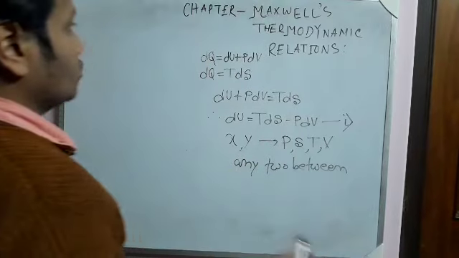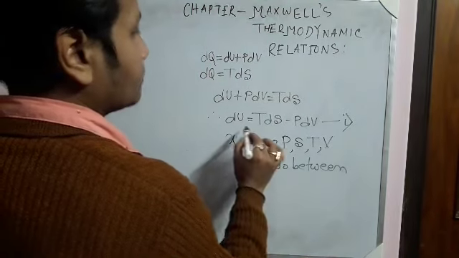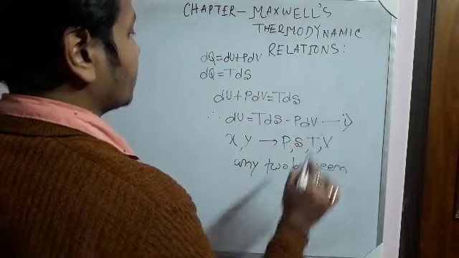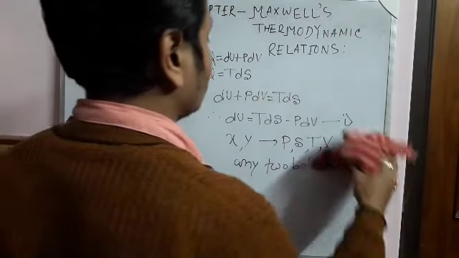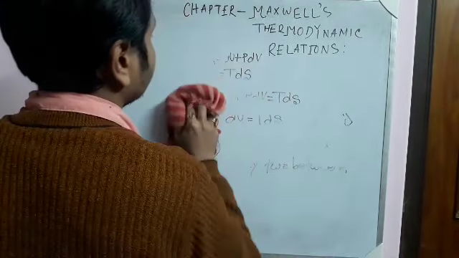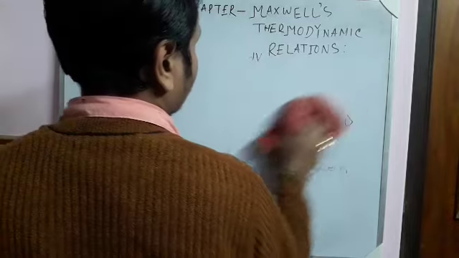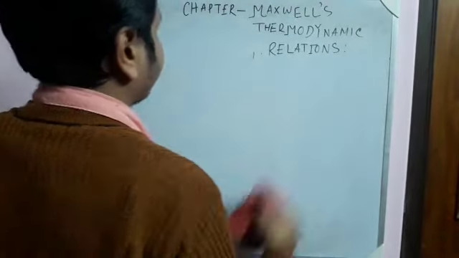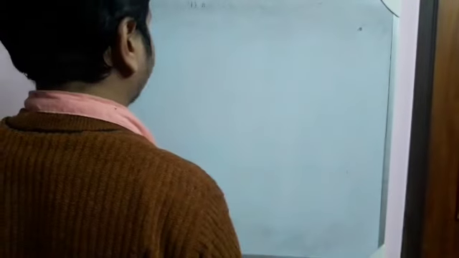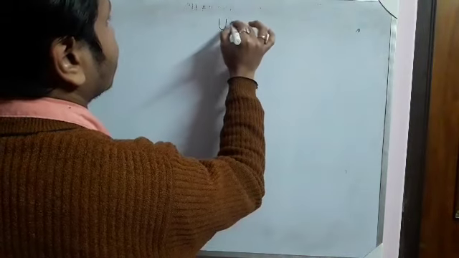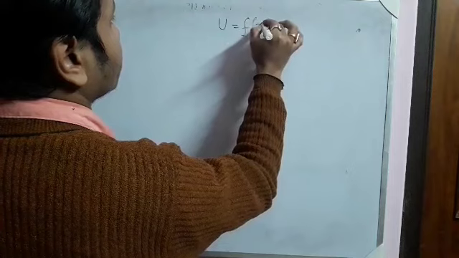So in general we assume that here the differential terms are du, ds and dv. We can assume they are functions of 2 independent coordinates x and y. So we can write u as a function of x, y.